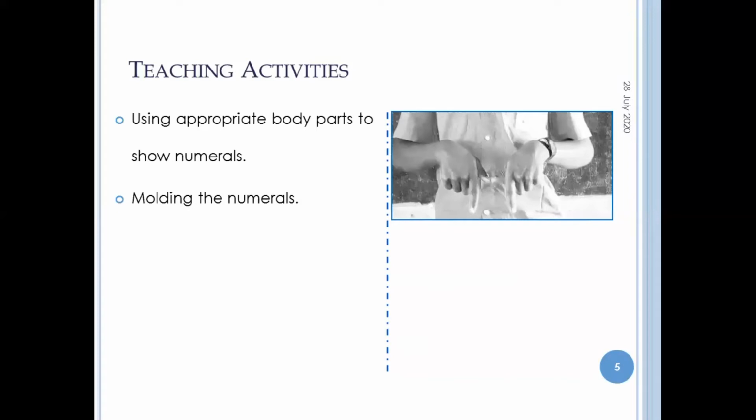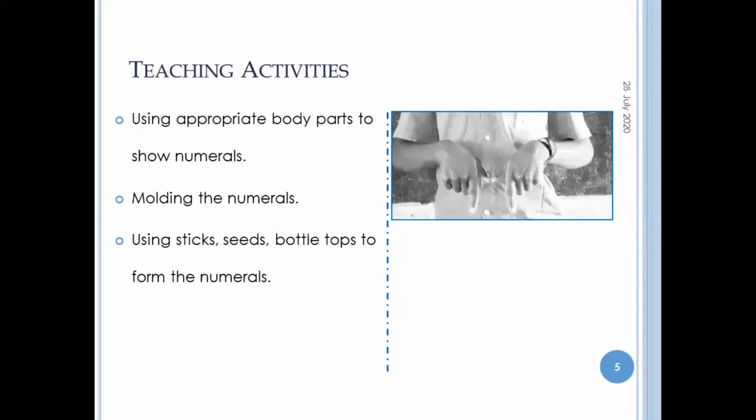You could also do molding of the numerals. You can, for example, use an activity in which the learners use a wire or clay to mold specific numerals. This will give them tons of practice, and in turn, the practice will enable them to easily remember which numeral represents which value.